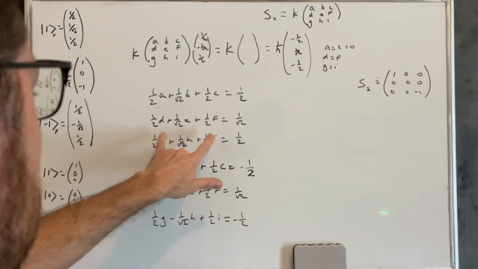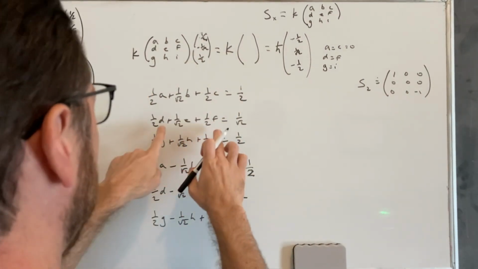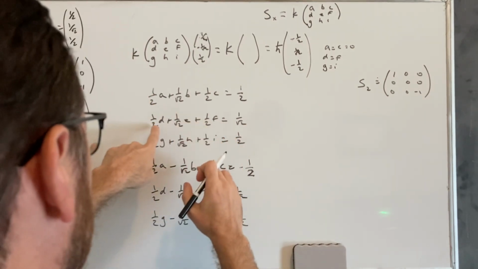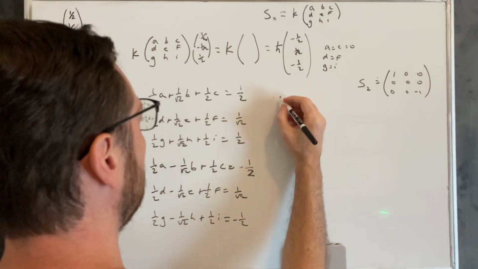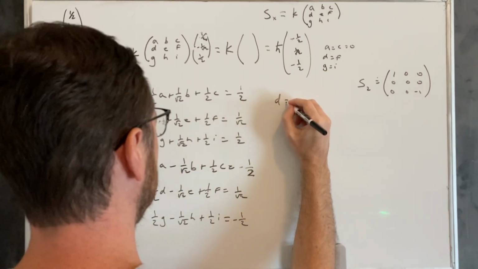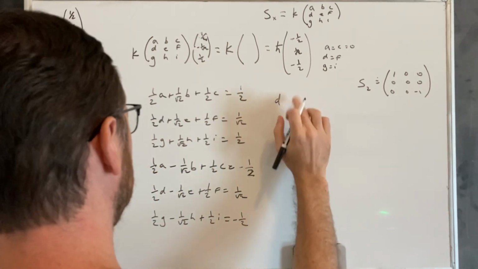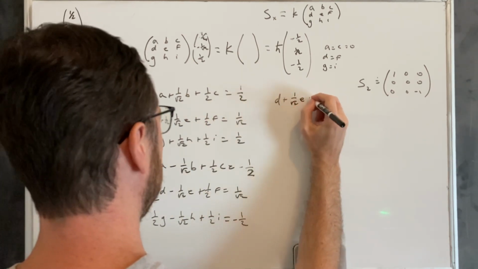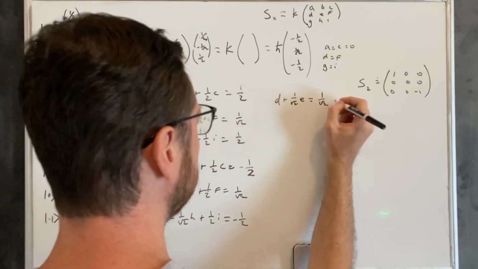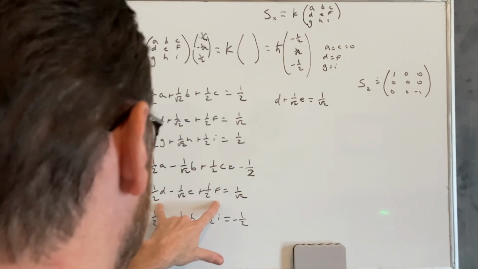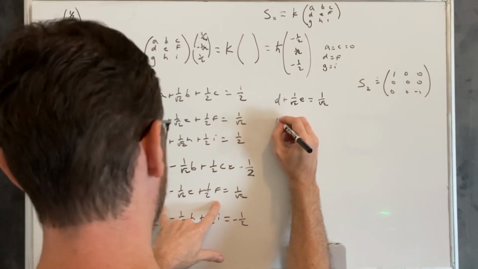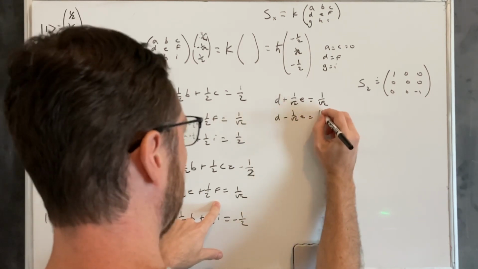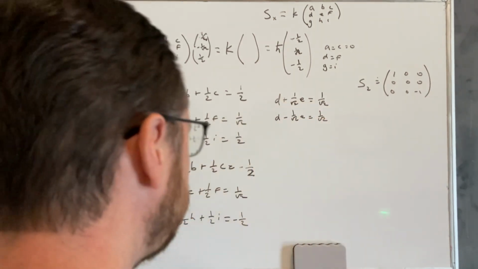Okay. For this next one here, we can do the same trick. So we have D and F, which are the same. So we have a half a D and another half a D. So let's make that D plus 1 over root 2 E equals 1 over root 2. And then our other DEF term here, we have D minus 1 over root 2 E equals 1 over root 2.